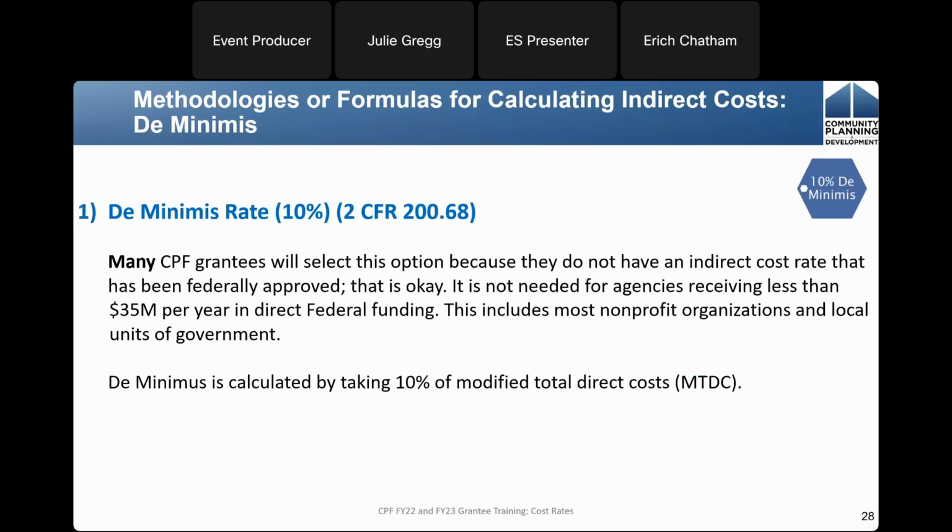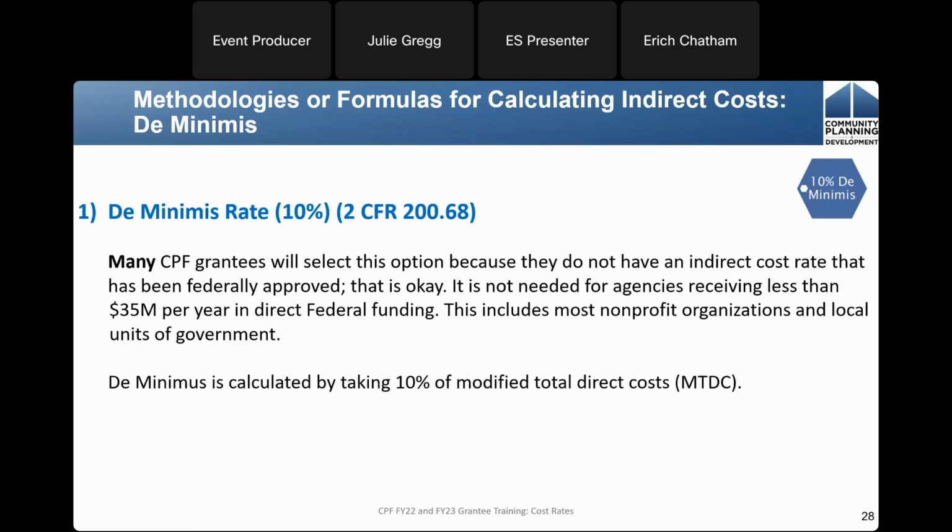So item one, the de minimis rate, which is what would be most feasible for our smaller nonprofits that may not already have an indirect cost rate approved. So CPF grantees can select this option because you don't have that rate approved by a federal agency. And it's not needed for agencies receiving less than 35 million per year in direct costs.